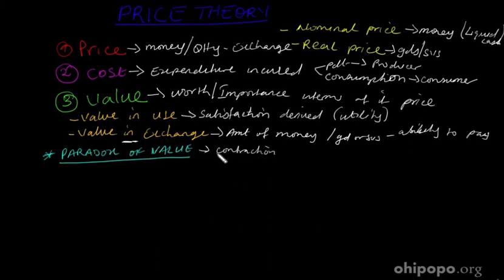Contradiction, because it is very obvious that a good that we spend more on will have high value in use. That is, if you buy a pair of shoes for 25,000 francs, you will derive a very high level of satisfaction than a pair of shoes that costs 5,000 francs. But we are going to see a contradiction.